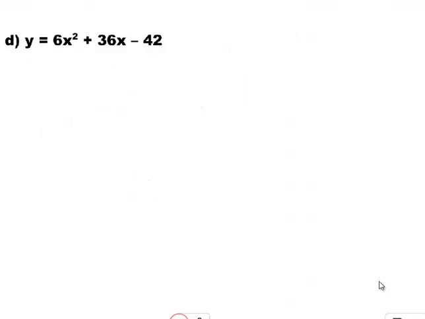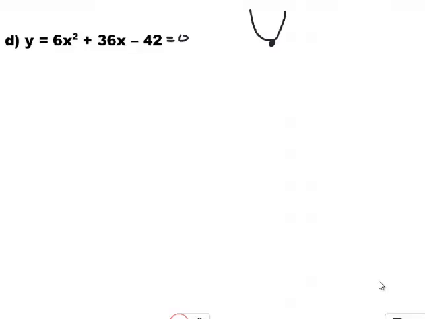The next one, we have to find, first of all, the zeros and then the maximum or minimum value. Again, the leading coefficient is positive 6. So the parabola opens upward. So this means we are dealing with the minimum. To find the zeros, I have to make this one equal to 0.